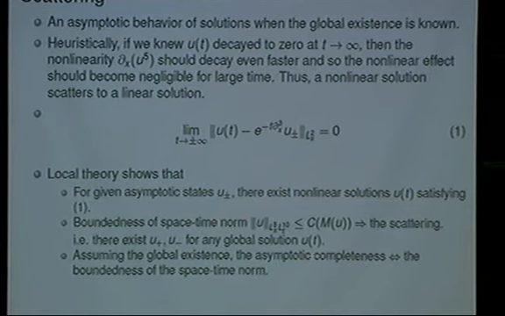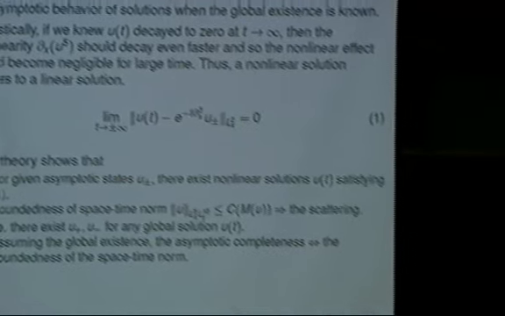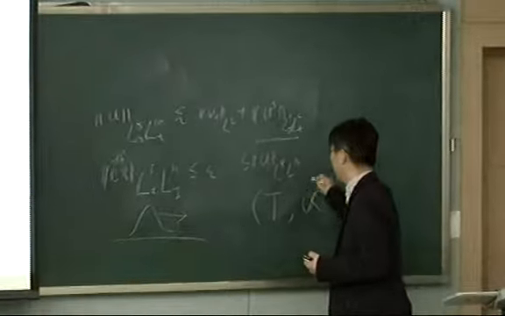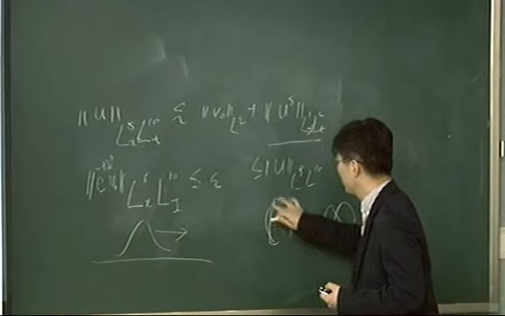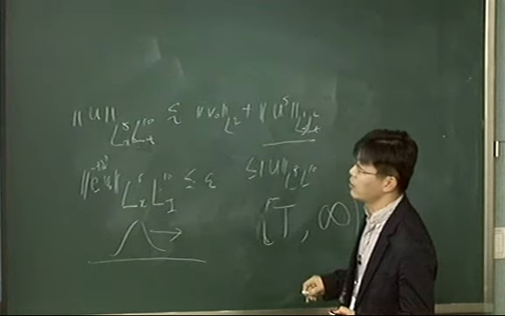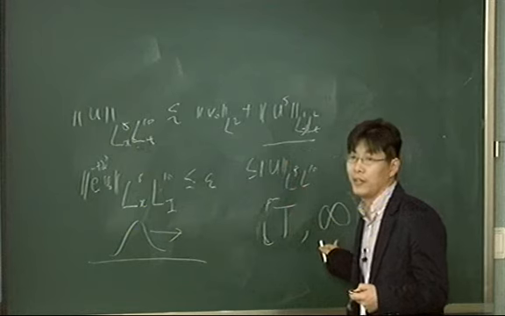It is one application of the local existence, but we are going to do iteration over the time interval from capital T to infinity. Actually, we can understand the asymptotic state as a kind of data at time infinity.